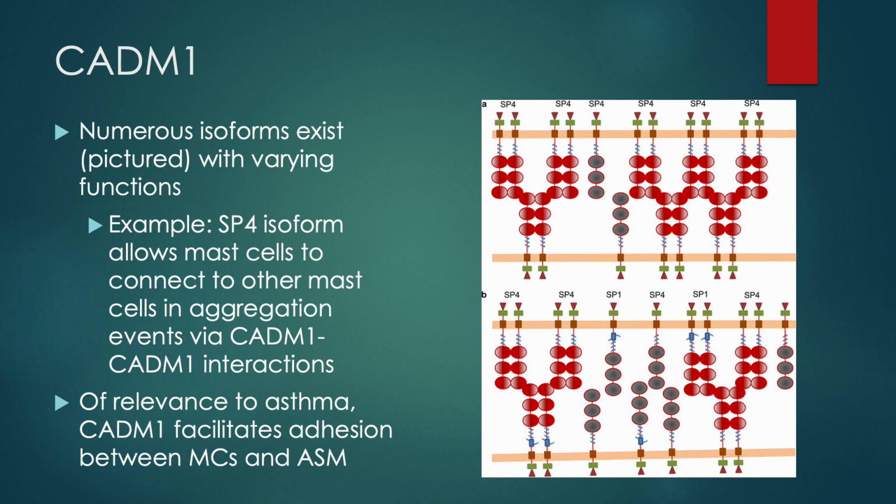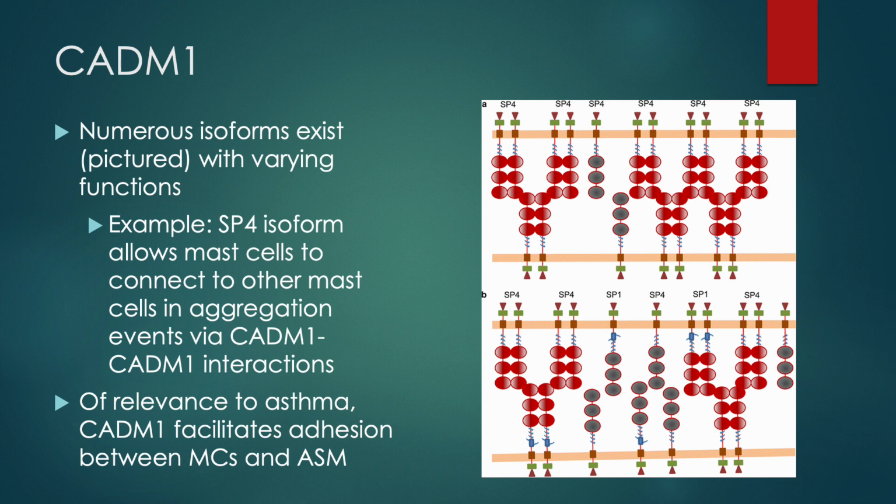Just talking about this a little bit more. There are a lot of different isoforms, not something we're going to go into too much, but for example, the SP4 isoform, which you can see up here, allows mast cells to connect to other mast cells, and that's something we just talked about with that PDZ binding motif. It allows them to form the mast cell aggregates that we see in allergic biopsies, for example.